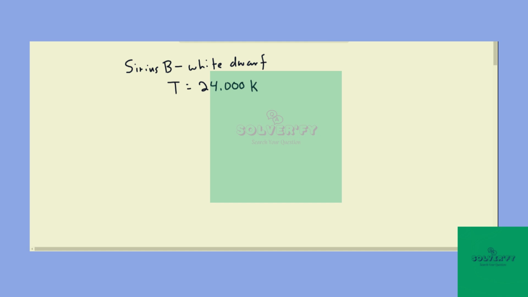So for black body radiation, we're going to write down a couple of laws that govern it. The first one is the Stefan-Boltzmann law.